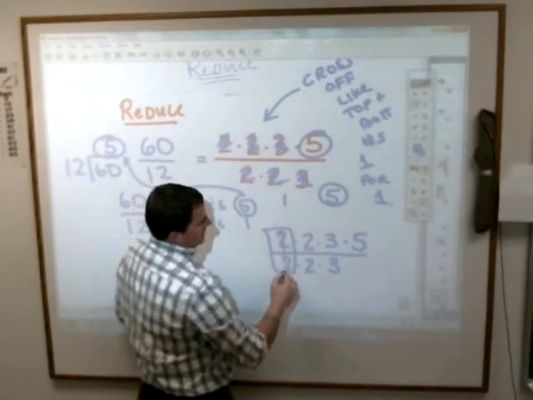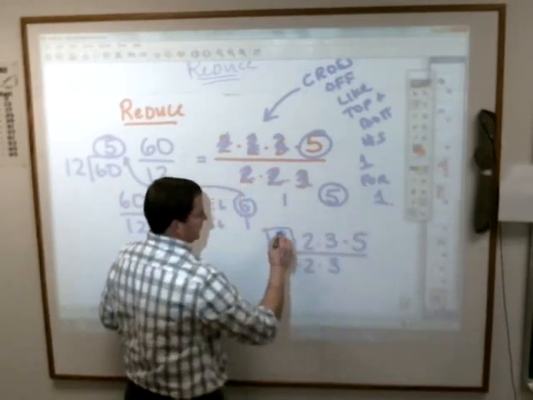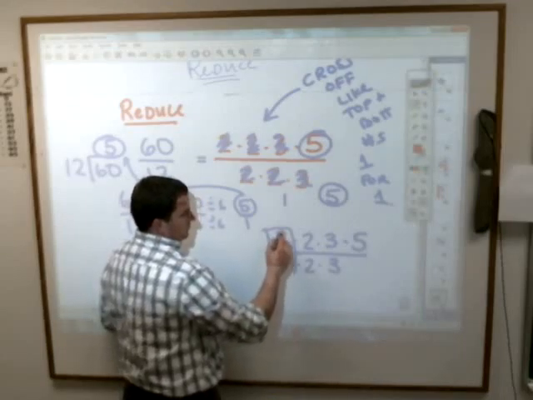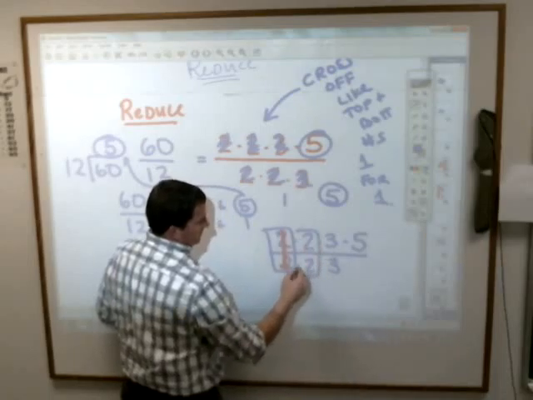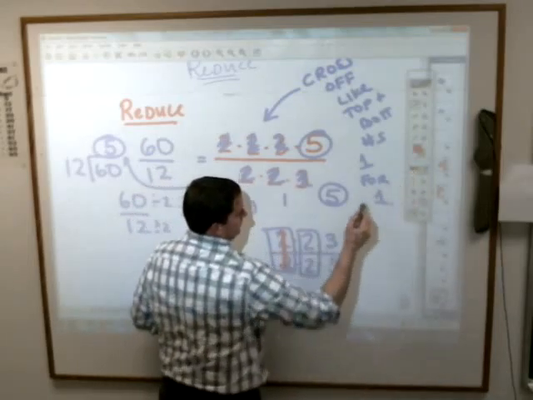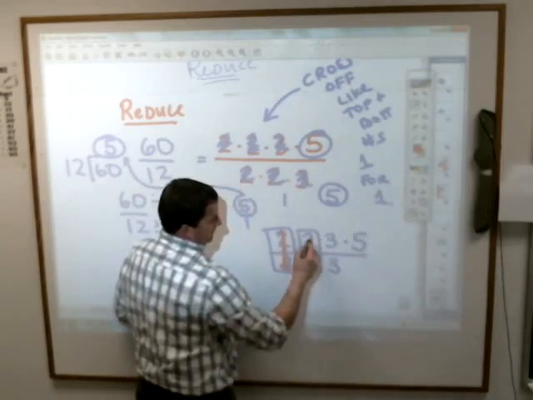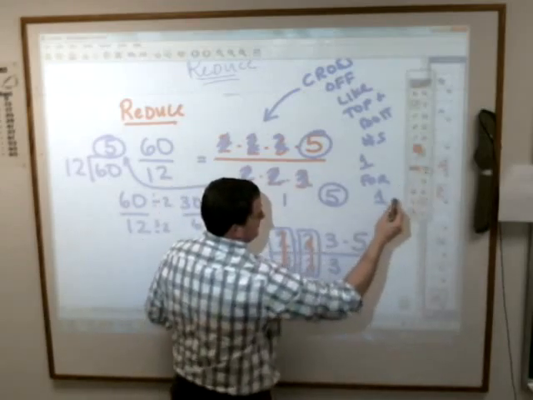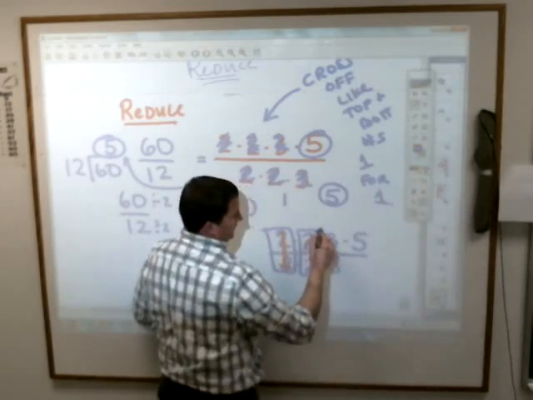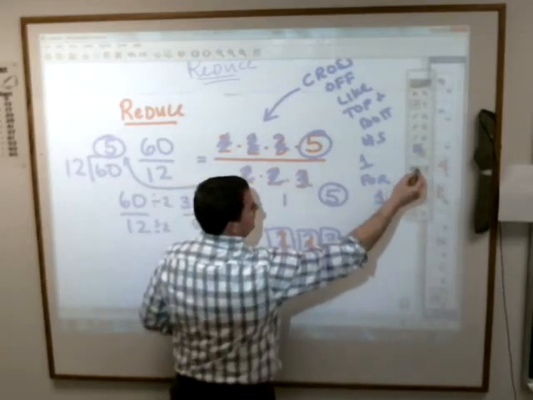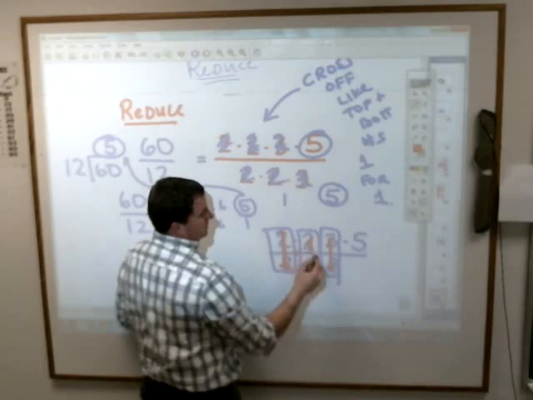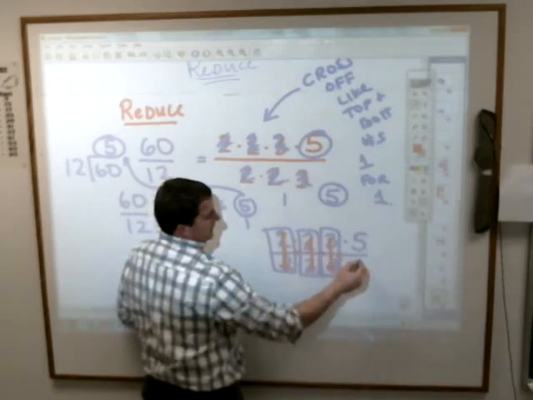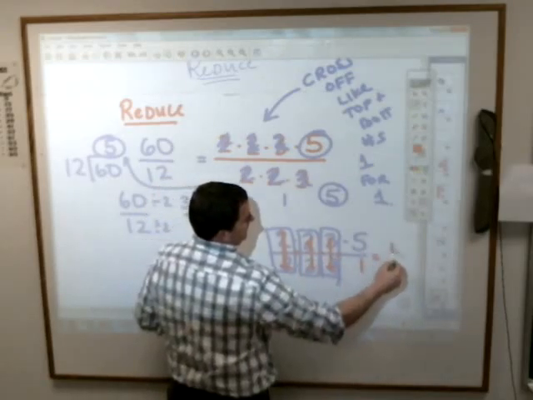So I'm going to take a big red fat 1 and put it there. What is this 2 over 2 the same as? 1. What is this 3 over 3 the same as? 1. And what would be 1 times 1 times 1 times 5? 5.